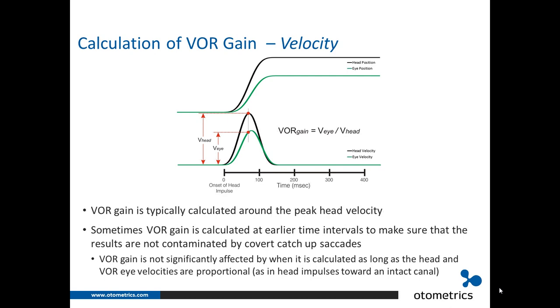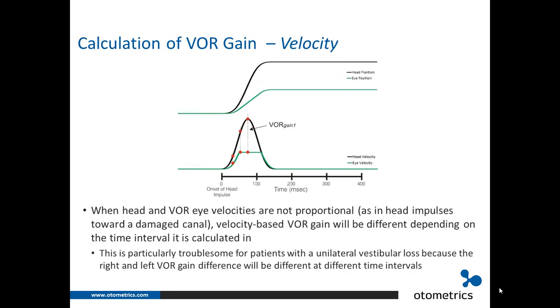Calculating the VOR gain at different times is usually not an issue as long as the head and eye velocities are proportional, as they are in normal individuals or during head impulses toward the intact side. But the head and VOR eye velocities are not always proportional.